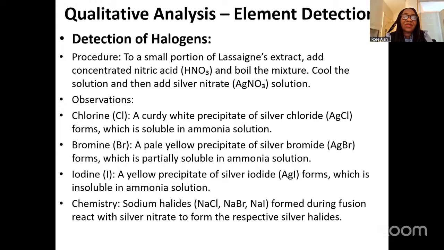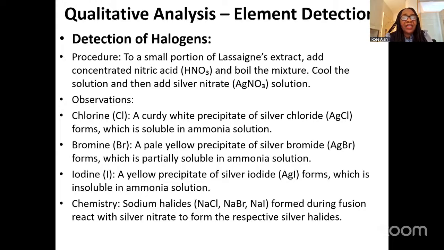When you do this, for the different halogens, we observe the following. If it is chlorine, we find a white precipitate of silver chloride that forms, and this is soluble in ammonia solution. Then that is chlorine that is present.